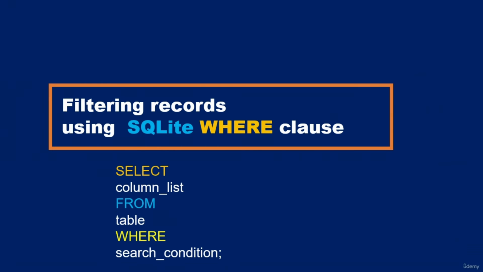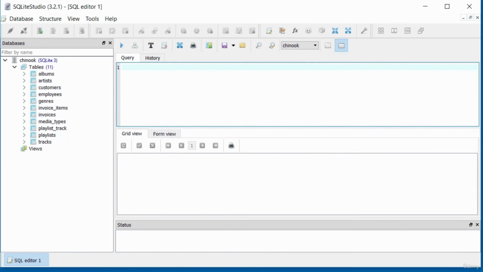And then finally, it will make the final result set based on the rows in the condition. So whatever rows match the condition you set in the where clause, it will return the records based on that condition. So let me illustrate a basic example of how the where clause works.